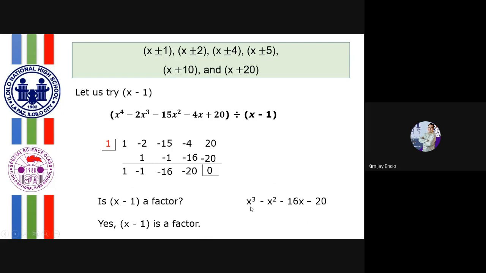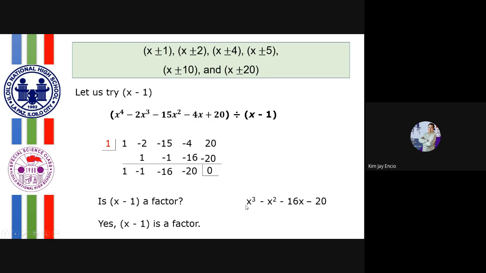We will use this one now and choose again any of the possible divisors, linear binomials as our divisor. And let's see which of them will work. I suggest that you stop only if you arrive to a quadratic equation because you could tell if a quadratic equation is factorable or not.